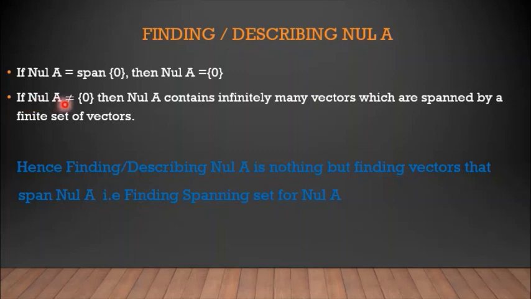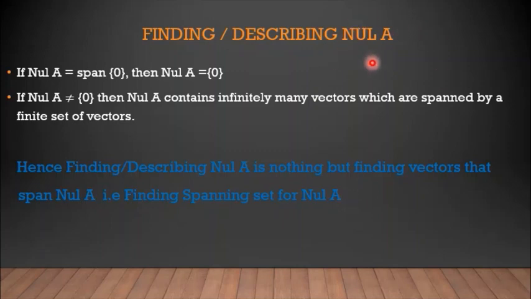Otherwise, if null A is not equal to the set containing 0, that means it is not having only the 0 element, then null A contains infinitely many vectors which are spanned by a finite set of vectors. These points we discussed before also. Hence, finding or describing null A is nothing but finding vectors that span null A, that is, finding a spanning set for null A.